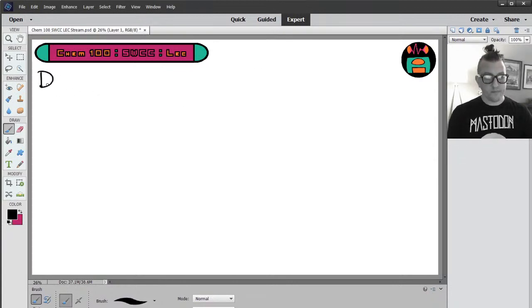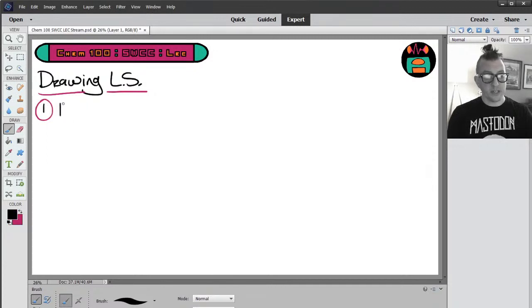Now, when it comes to drawing Lewis structures, we spelled out our guidelines last week, or our steps.